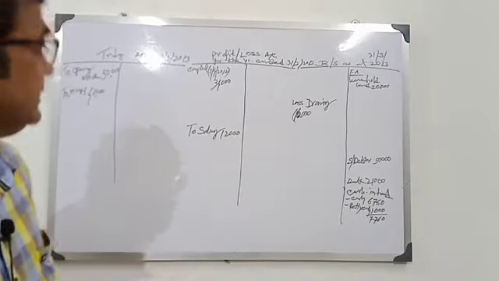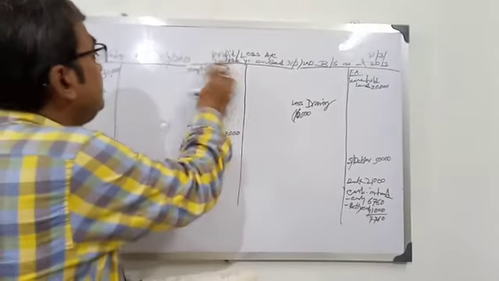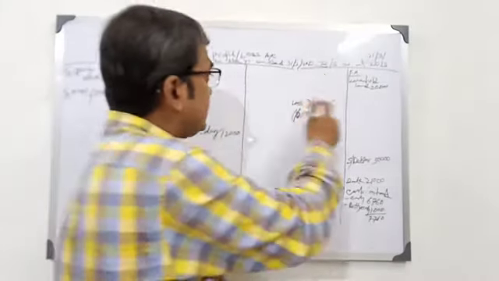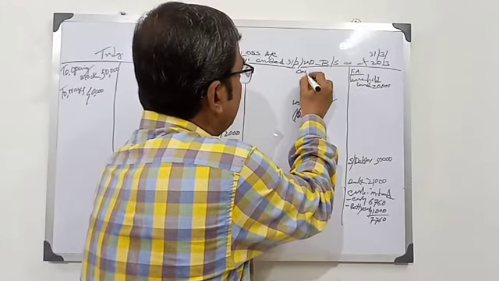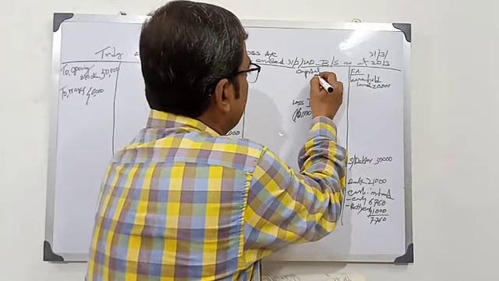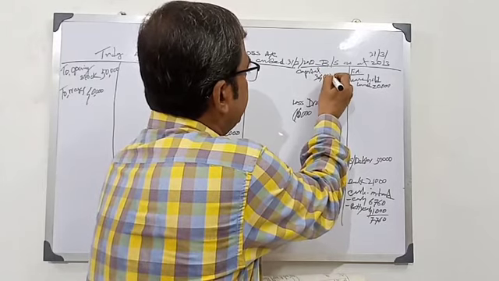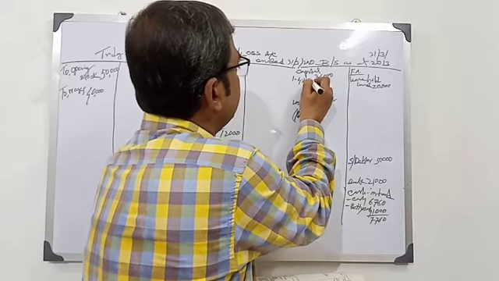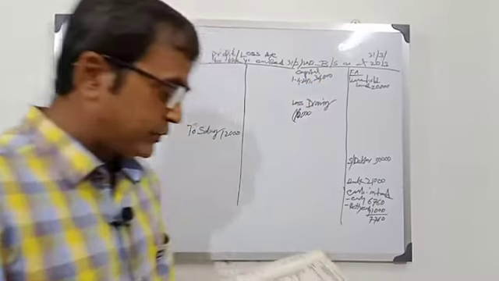Sorry, this is the profit and loss account. I write this in the balance sheet. I was thinking balance sheet. This is the capital account, that is opening, 34,000.